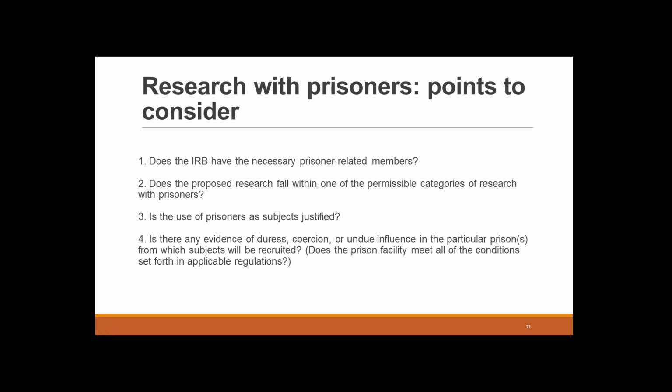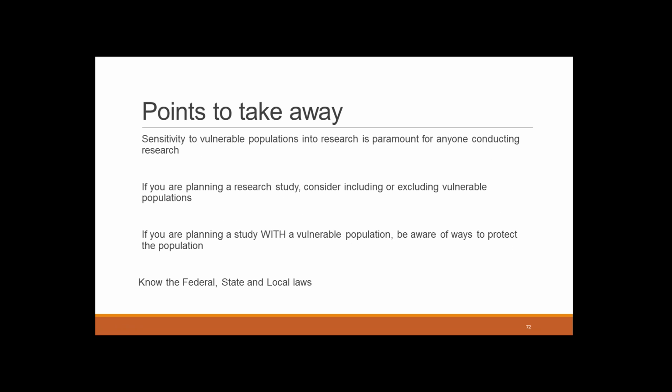So again, key points to remember: the hardest part for this population is coercion, undue influence, duress. It's a unique population, and anything we do could impact how their stay is or how their condition continues to be perceived.